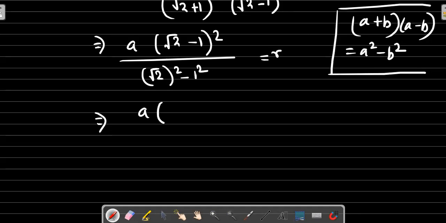Now expand this. So what is the formula of a minus b whole square? The formula is a square minus 2ab plus b square.